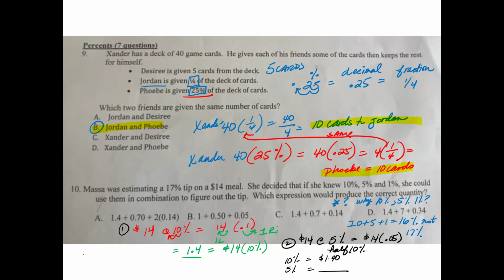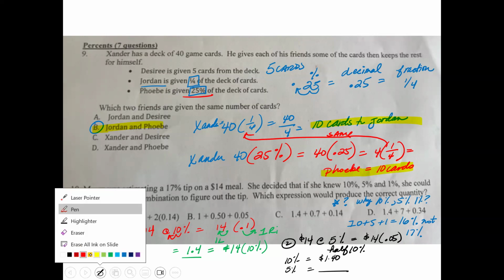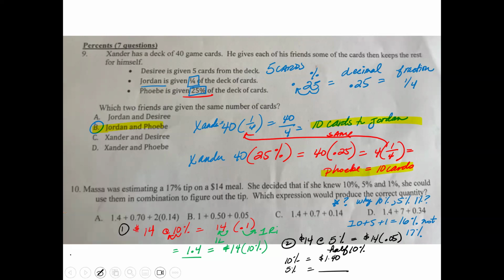No, half of $1.40. If you took 14 and divided by 2, what do you get? 14 divided by 2. Oh, 7.